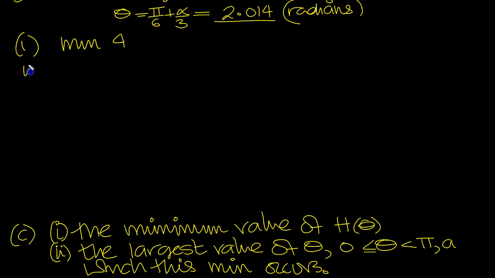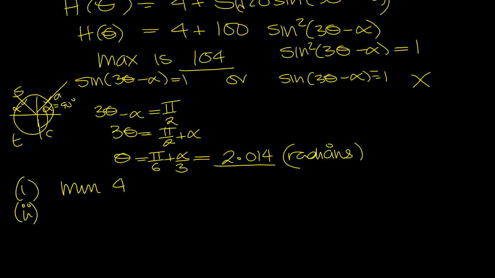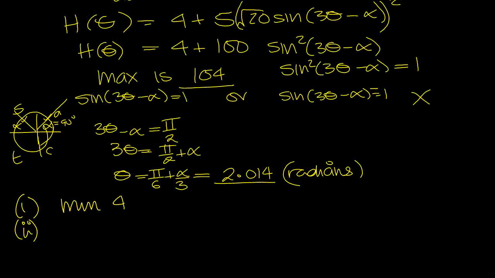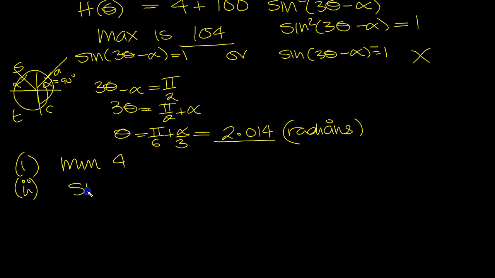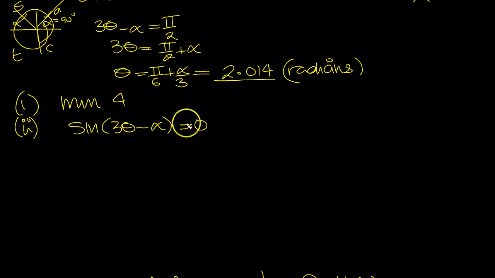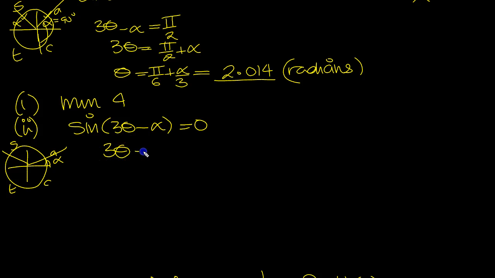And part 2, when does this occur? Well, it occurs when the sine of (3 theta minus alpha) is 0. We want the smallest values, so clearly sine of 0 is 0. If you do the acute angle, CAST, sine you could say is positive even though it's 0. Alpha is 0, sine of 0 is 0. So that would give the smallest value, it looks like, doesn't it?